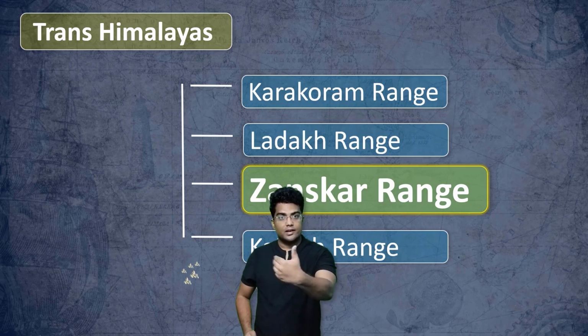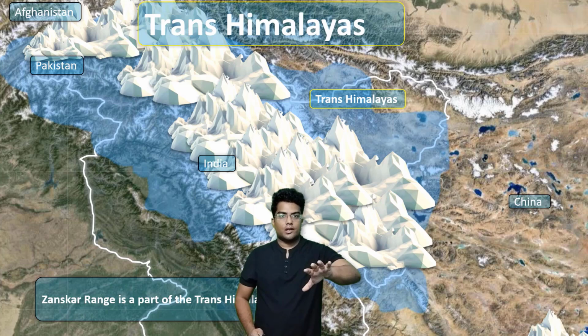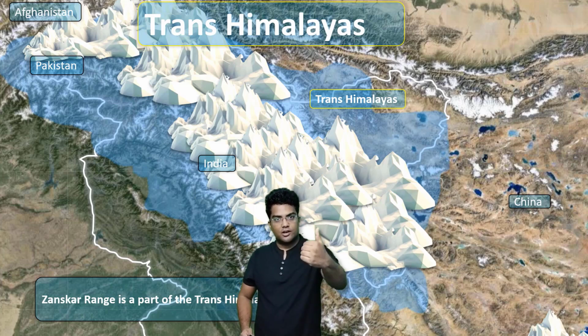Let me just split the Trans-Himalayas into the 4 divisions. As you can see, we have the Karakoram range, the Ladakh range, the Zaskar range and finally the Kailash range. All the 4 ranges of the Trans-Himalayas.